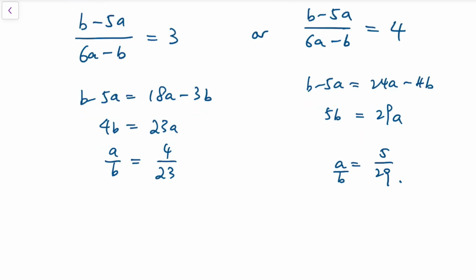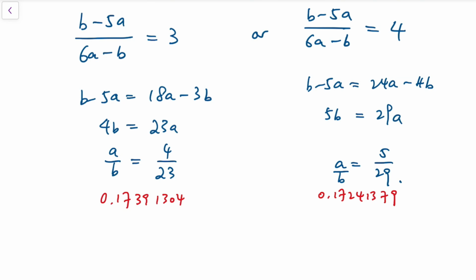Now for the case that we picked 3, we get 4 over 23, and the decimal value is 0.17391304, whereas for the other fraction that we've got, the decimal value is 0.17241379, and both fractions fall within the range that we want, so they are both valid choices.